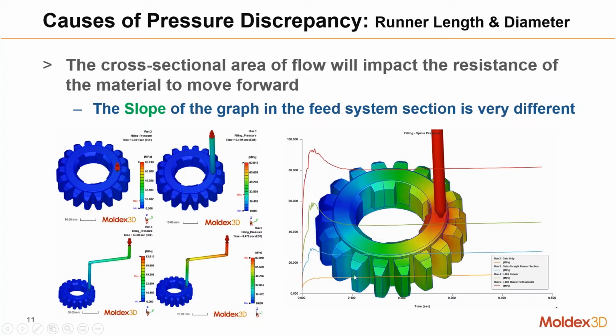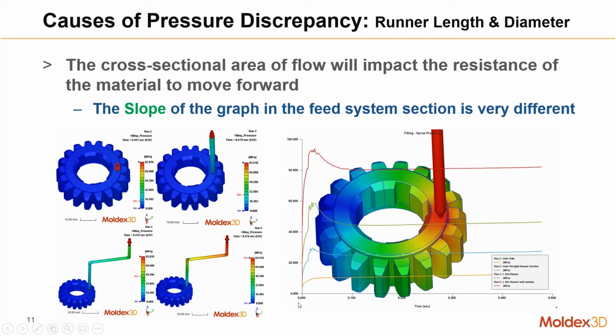We can actually see that the slope of the curve after the initial portion is almost exactly the same. These lines are almost exactly parallel to one another. The pressure is increasing gradually, or incrementally in this case. But the difference lies right at the beginning in the feed system section.